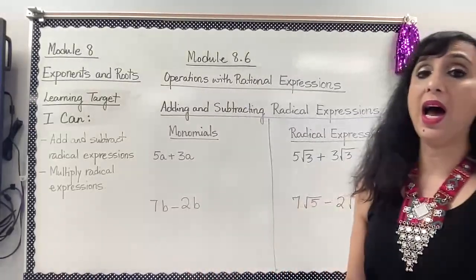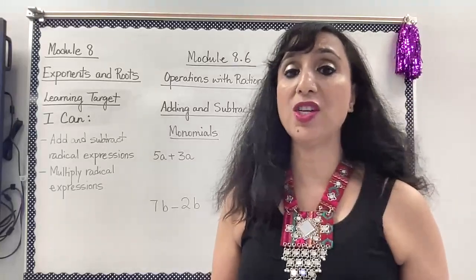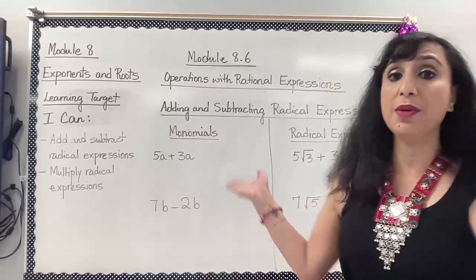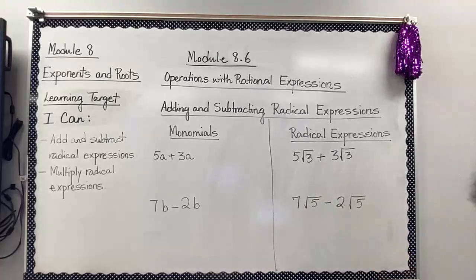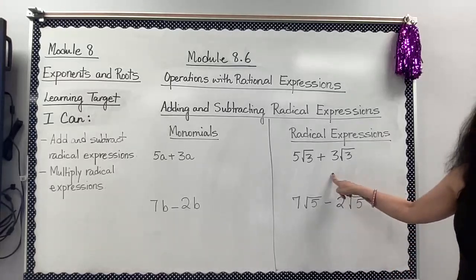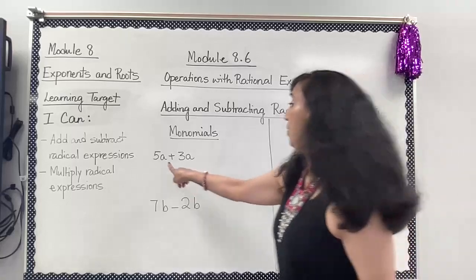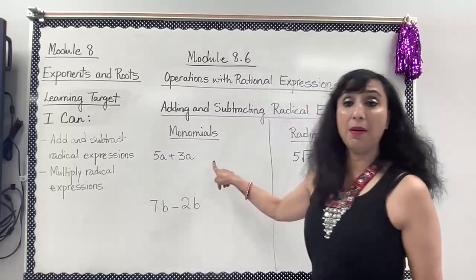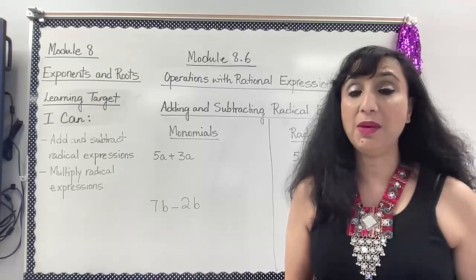Okay, so I am going to show you how similar adding and subtracting radical expressions is to monomials that we have already done. I've written out some problems over here. To add or subtract radical expressions, the radicands must be alike, in the same way that in monomials, the same variable or the same base can be added or subtracted.